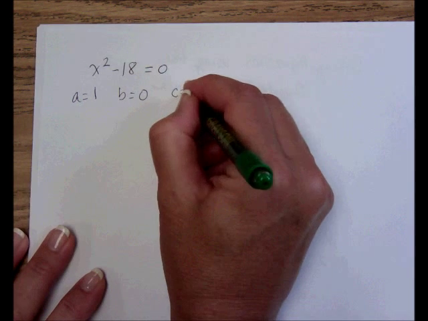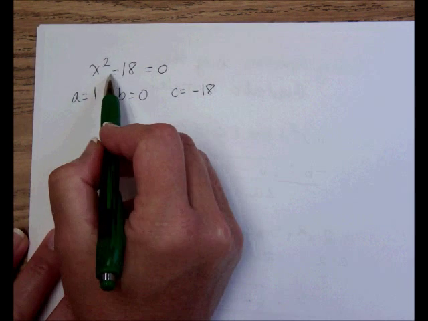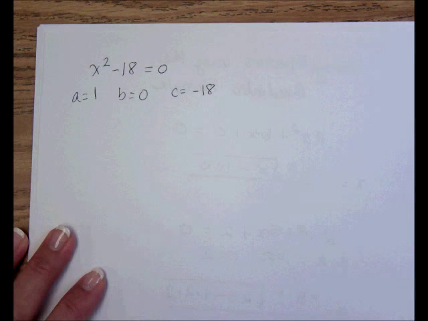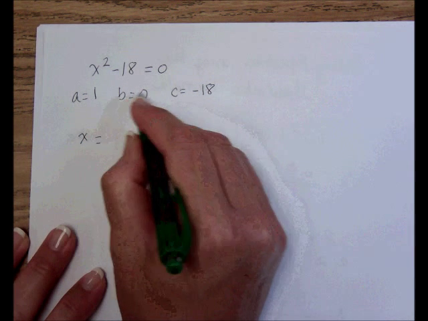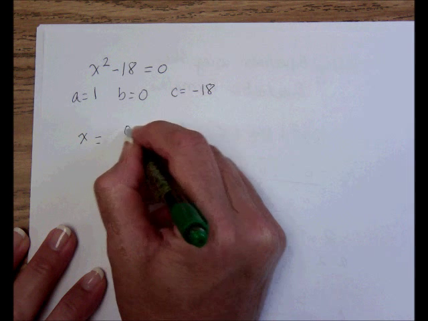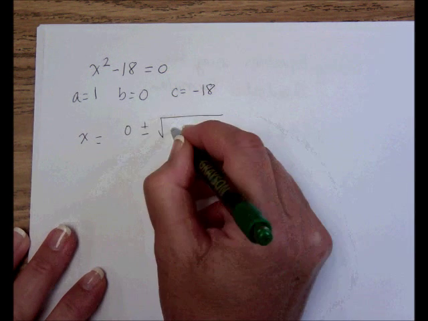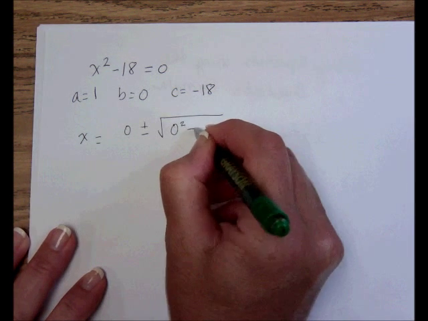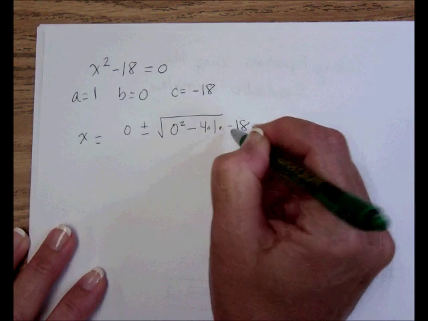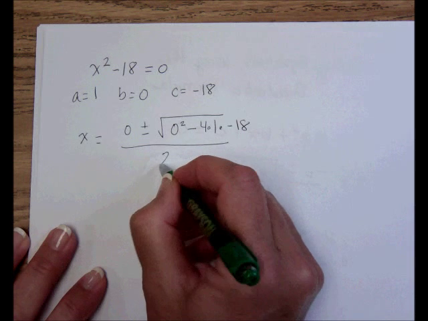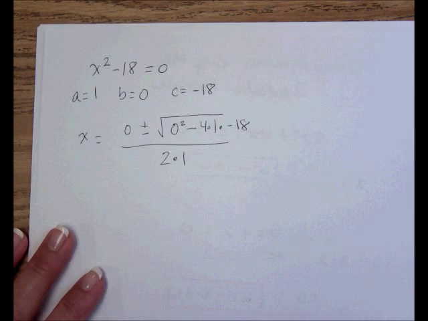And then my c is going to be equal to negative 18 because it's minus 18. So I follow the same procedure, and I have x is equal to 0 plus or minus the square root of 0 squared minus 4 times a times c, and then divided by 2 times 1, 2a.